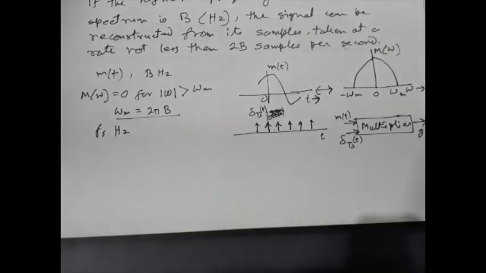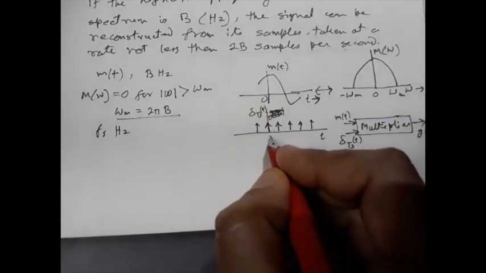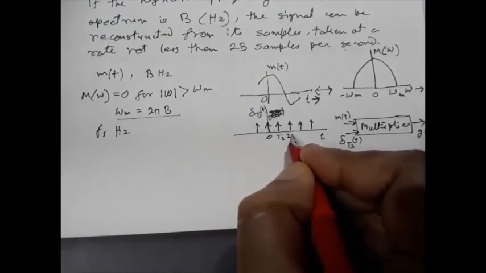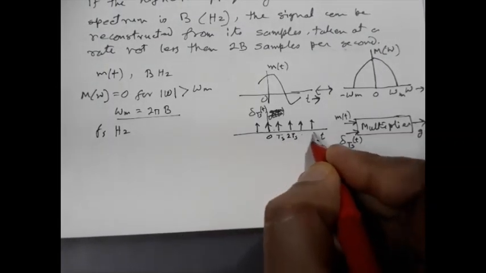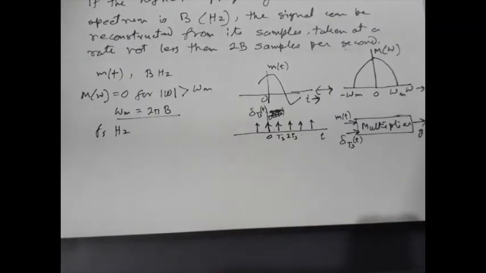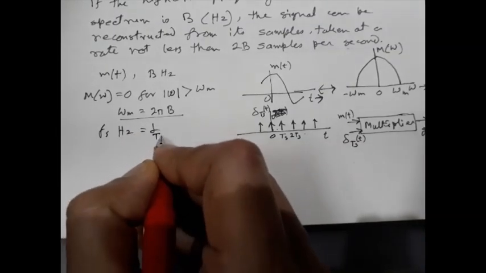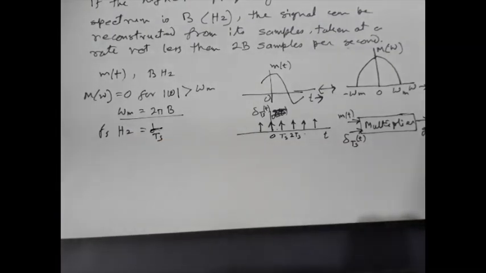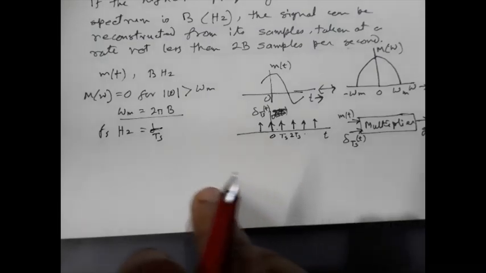The impulse train consists of unit impulses repeated periodically every Ts seconds. So this one is 0, this one is Ts, 2Ts, 3Ts, 4Ts, etc. And Fs is equal to 1 by Ts. The multiplication gives us the sampled signal g(t), which consists of impulses spread every Ts seconds.